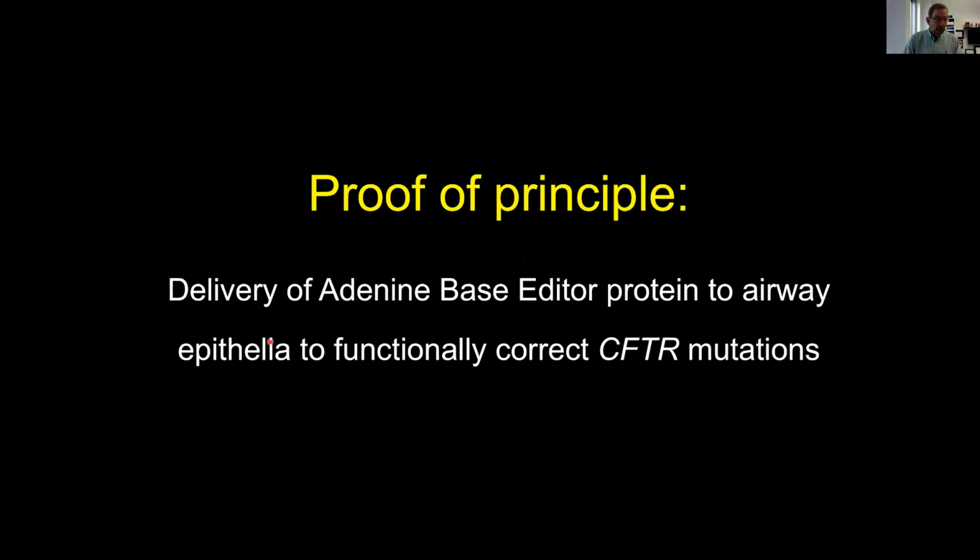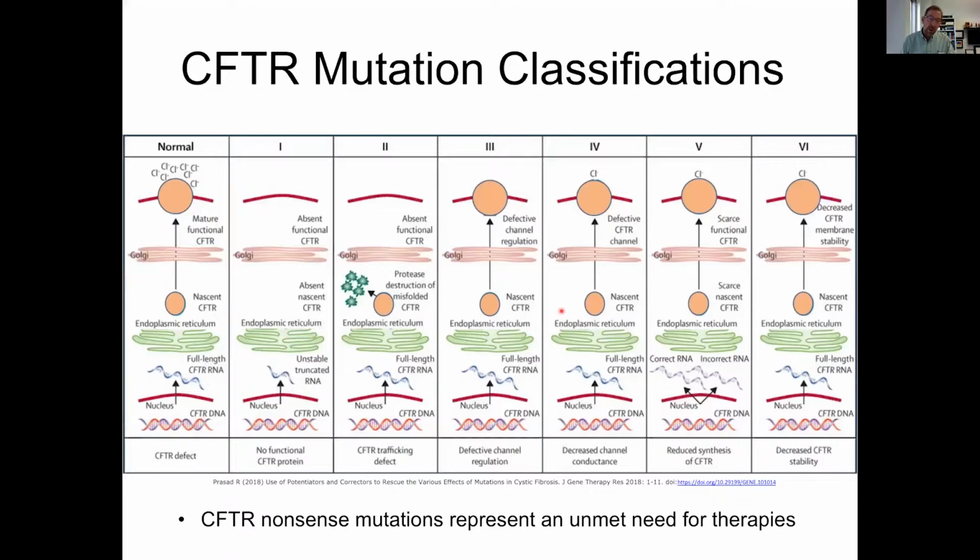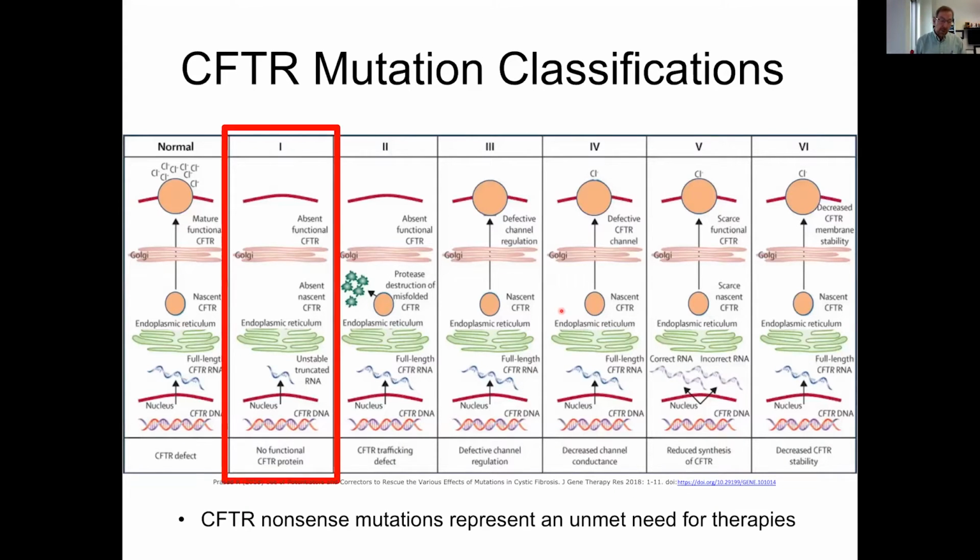So I'd like to also briefly talk about some early stage studies with adenine base editor protein delivery. So as we know, with class 1 CFTR mutations, there's an unmet need for new therapies.